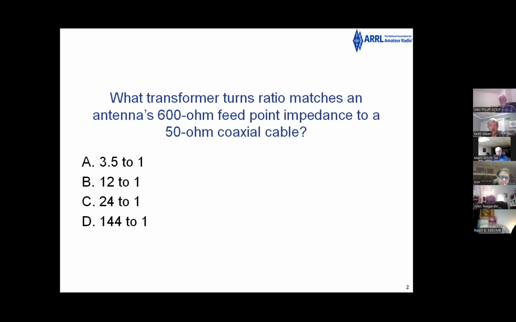Well, so you're trying to match 600 with 50. And we went through that pretty fast. If you remember, it's the ratio of the squares, I believe.